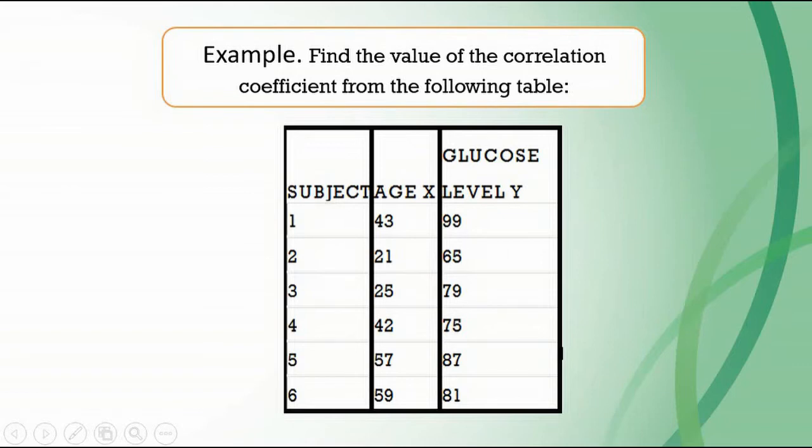Subject 3 has 25 and 79. Subject 4 has 42 and 75. Subject 5 has 57 and 87. Subject 6 has 59 and 81.